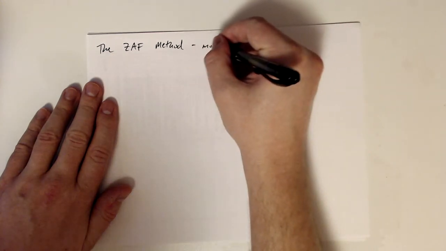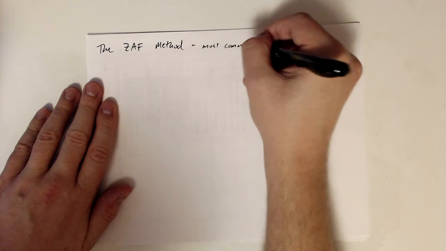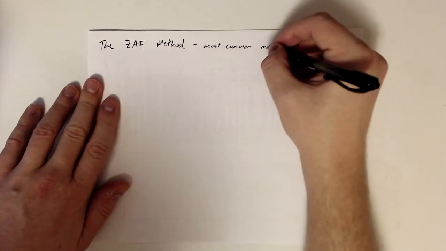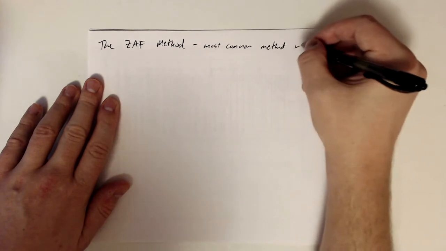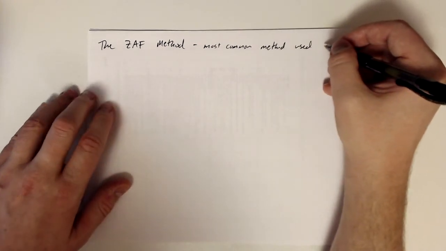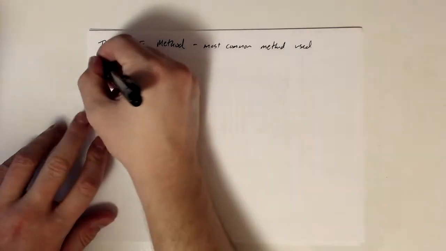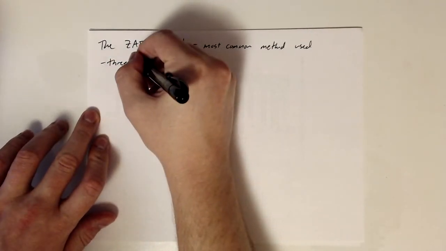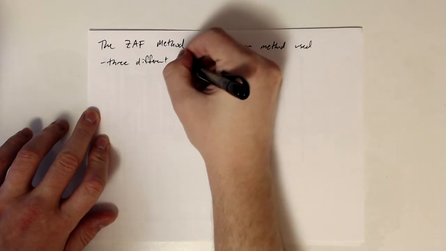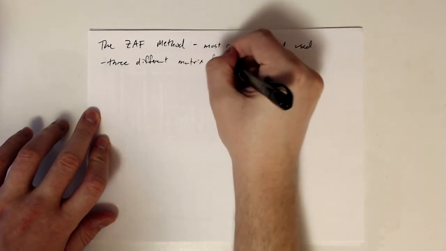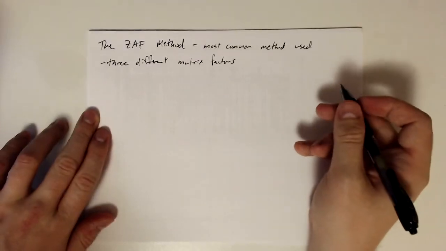This is the most common method, and it's named this because we have three different matrix factors. We've talked about these specimen matrix factors, and we're going to break it down into three sub-factors.